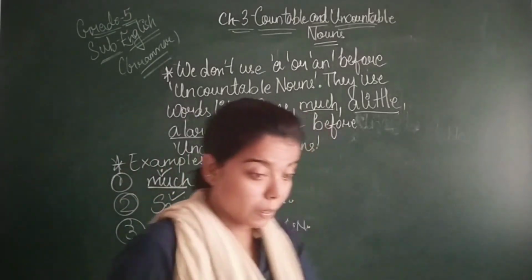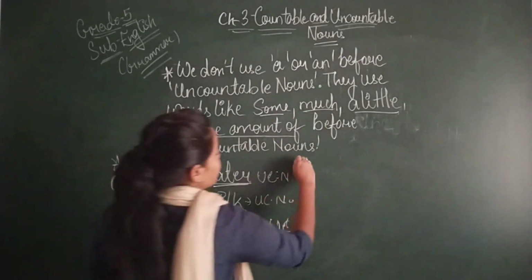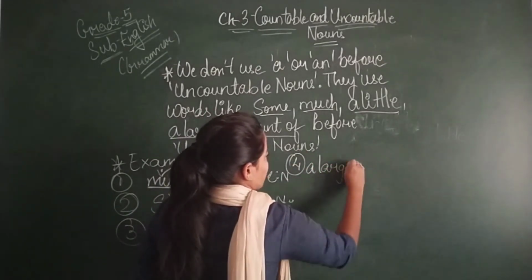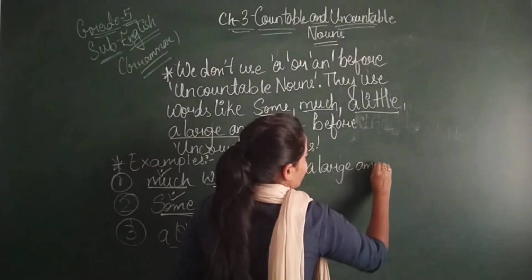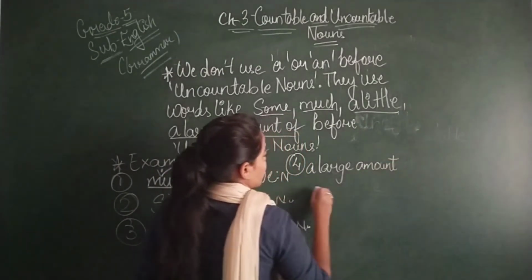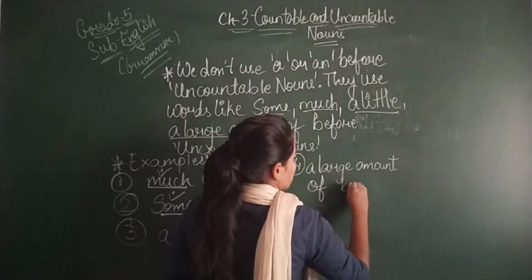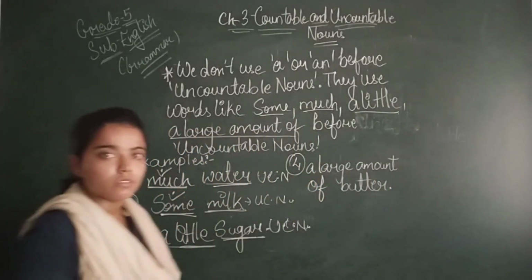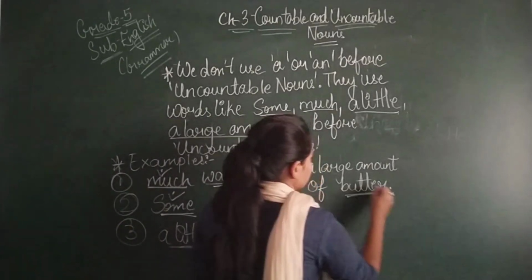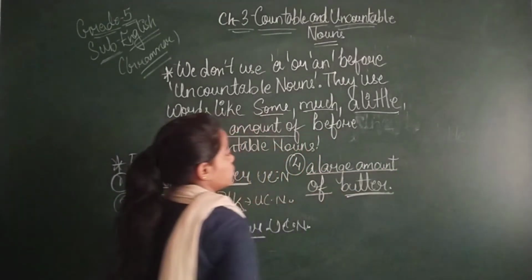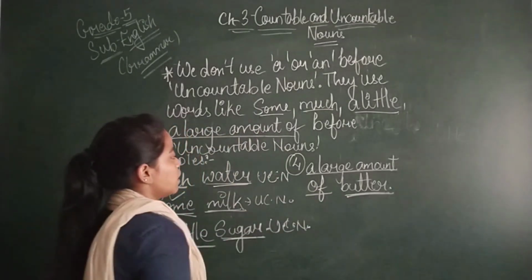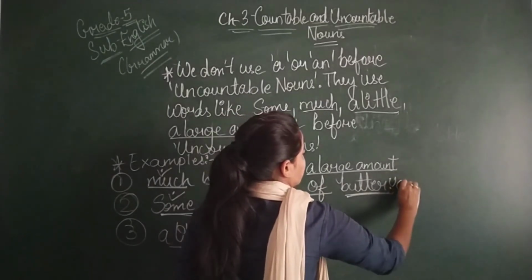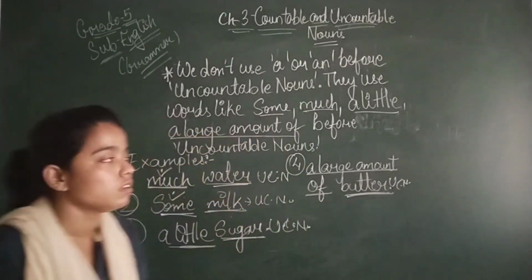Now, a large amount of butter. So can we count butter? No, we can't count. So this word a large amount of shows that we use it before an uncountable noun. It identifies the uncountable noun because we can't count butter.